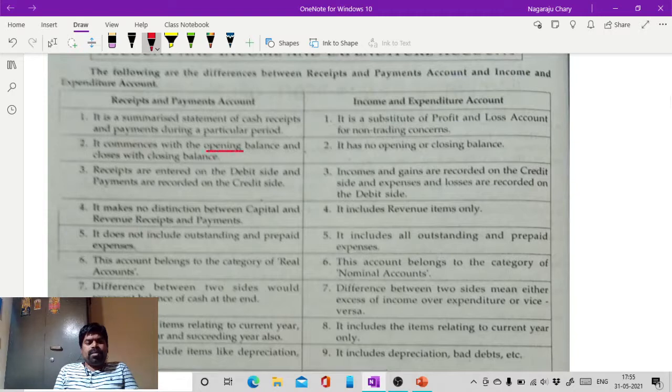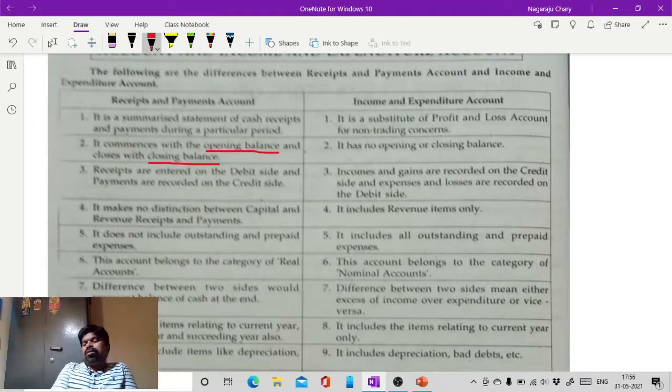Next point, it commences with the opening balance. Opening balance may be there, closing balance is a must. The closing and opening balance may be cash balance, bank balance, or both balances.